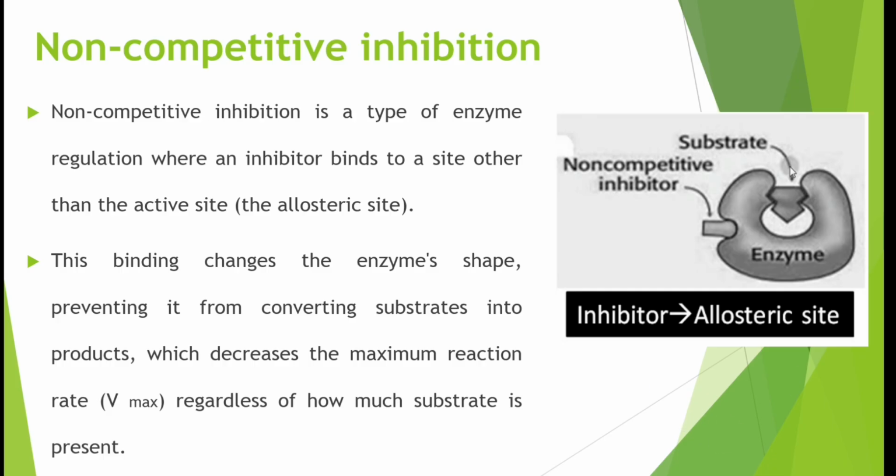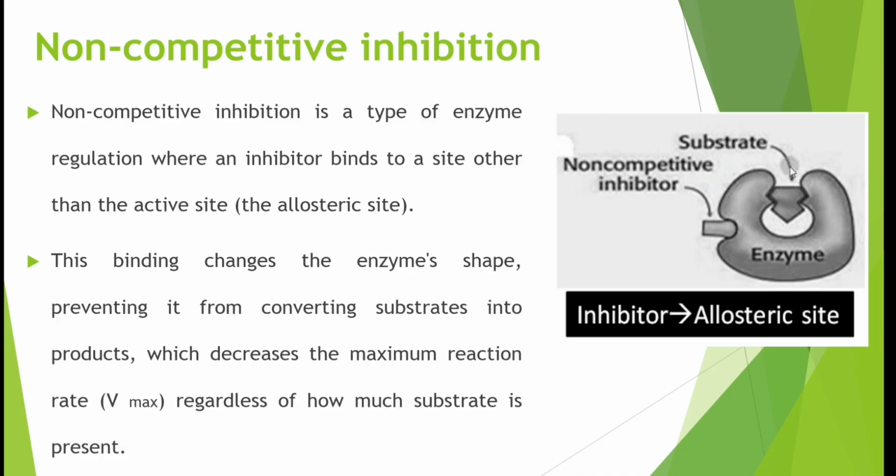Now the example of uncompetitive inhibition. Phenylalanine binds to intestinal alkaline phosphatase. Phenylalanine only binds to the enzyme after the substrate has already bound. It essentially freezes that enzyme-substrate complex and prevents the formation of the final product.